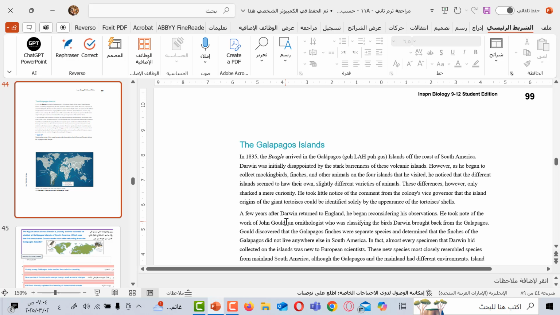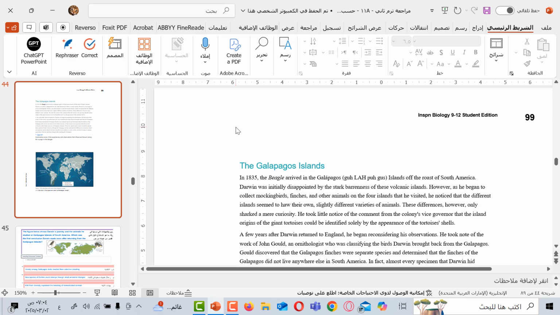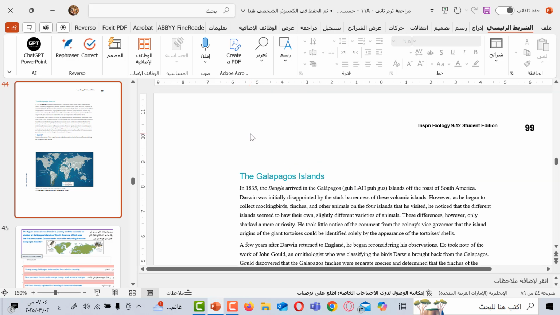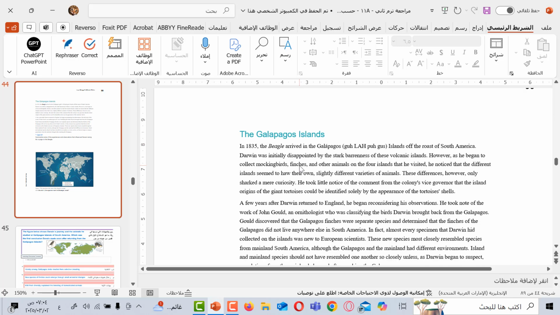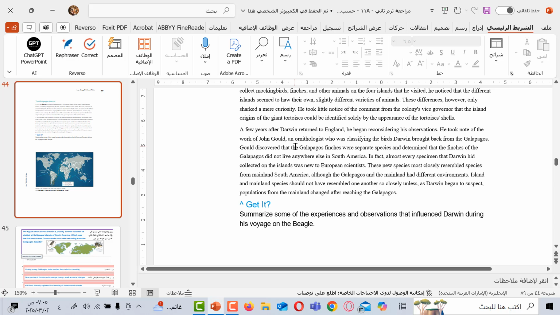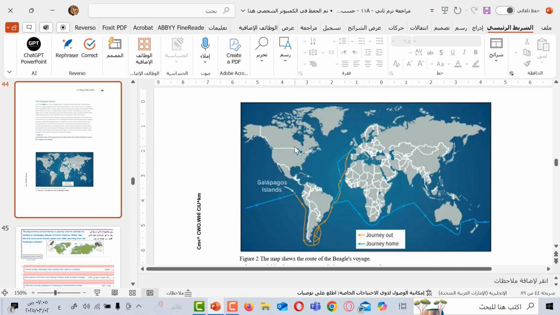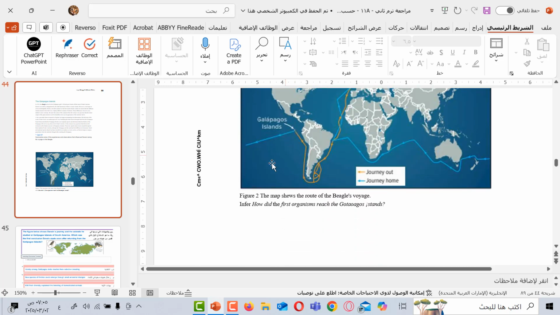Now we will enter the second unit, Darwin's voyage. Okay, Galapagos Island. You must read this picture well, and these pages well, number 99 and number 100.